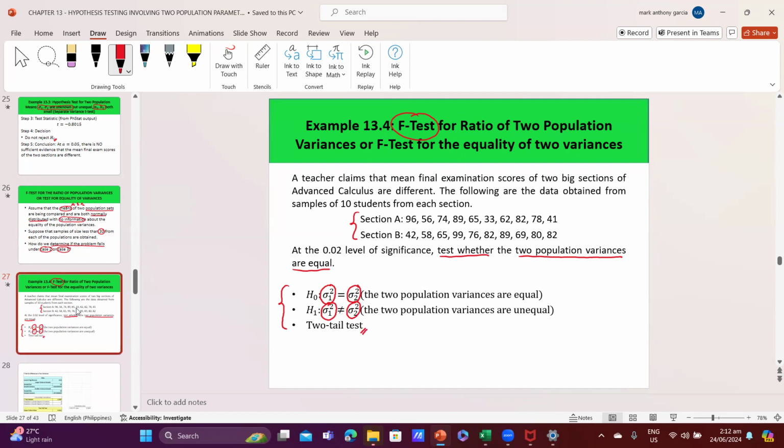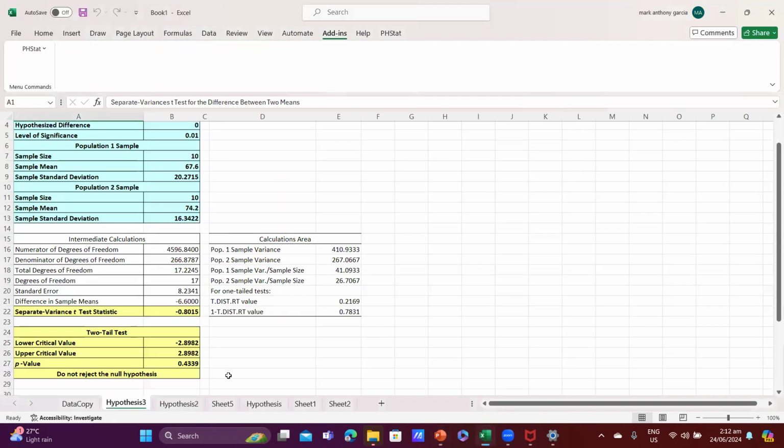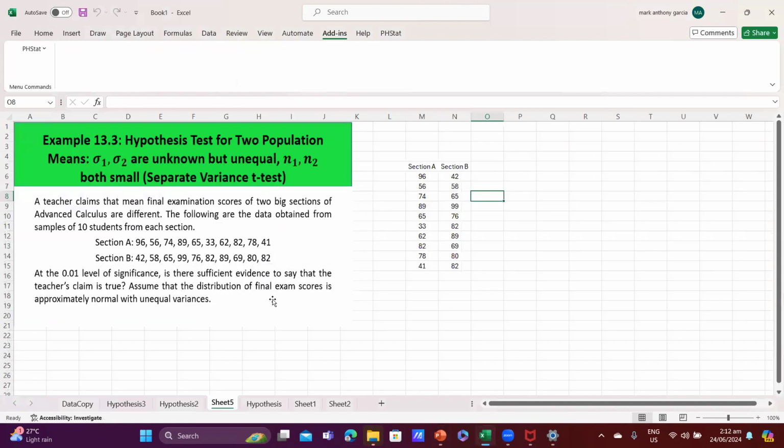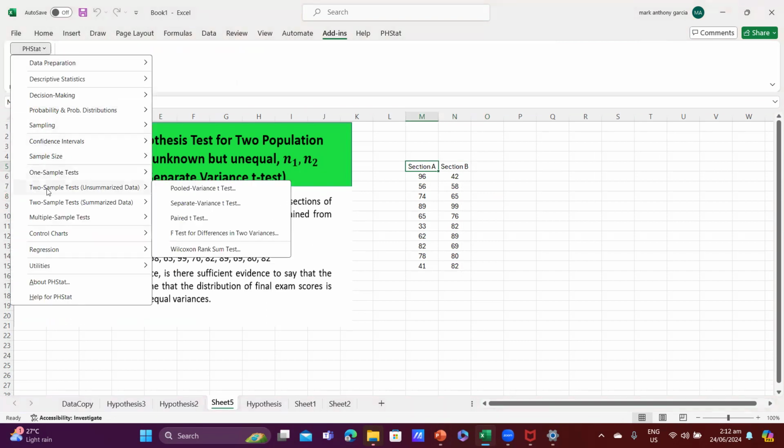To illustrate this in the PHStat software or in Excel, we again go back to our data earlier. This time, we're going to use PHStat, two-sample tests, and summarize data, but we're going to pick the F test for differences in two variances.